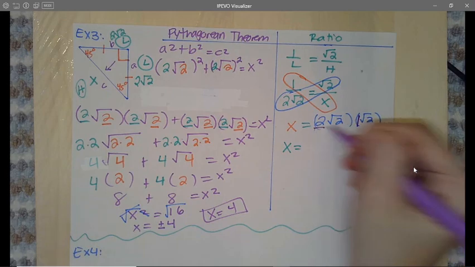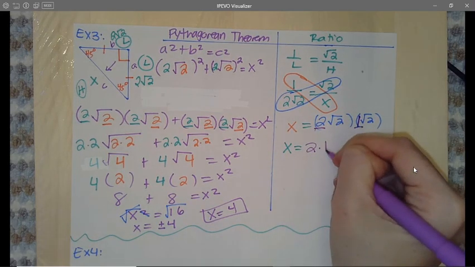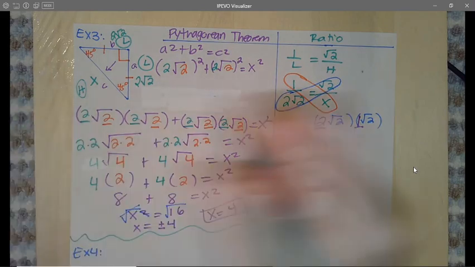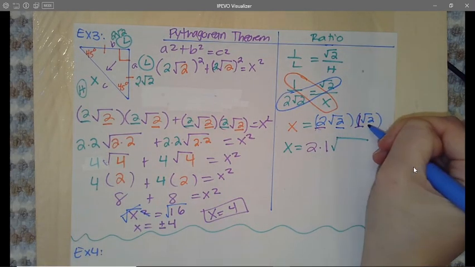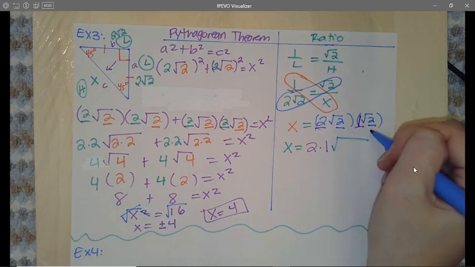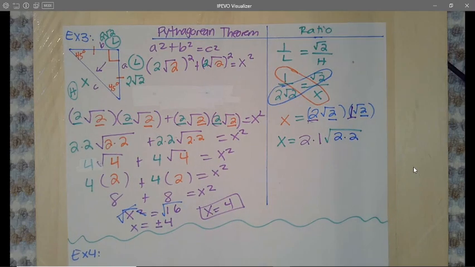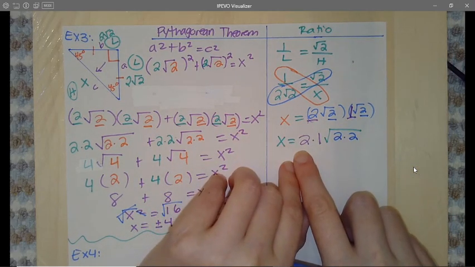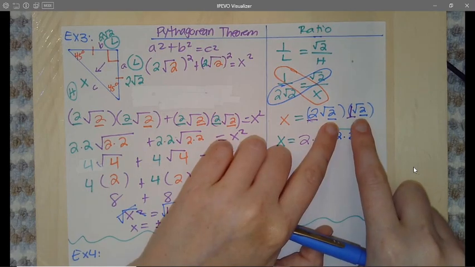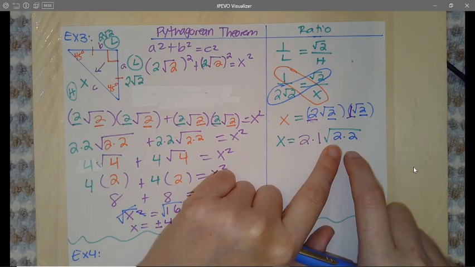So the 2 and the 1 are on the outside of the square root, so I can multiply them together. And then the two 2's underneath the radical, I can multiply those two bad boys together underneath my radical.